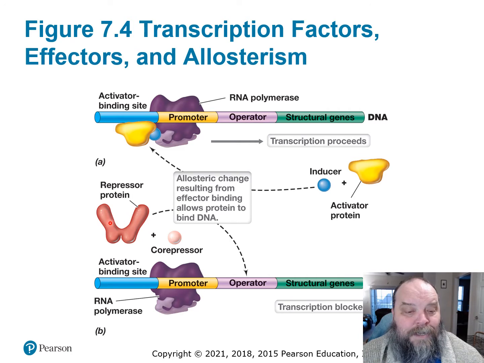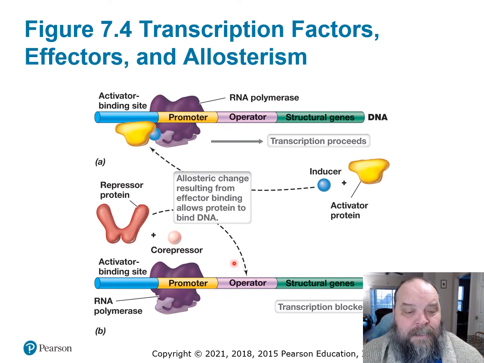A repressor does the exact opposite. A repressor gets activated by some co-repressor, some form of a sugar, metal ion, cyclic AMP, calcium, something, that binds the repressor. The repressor is going to bind here at the operator region.